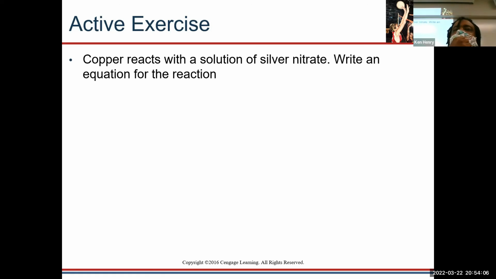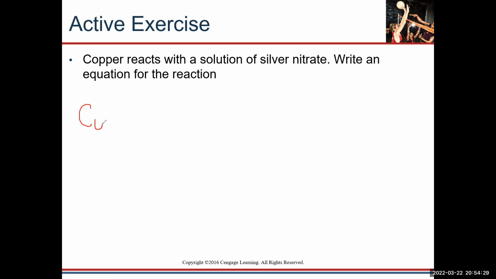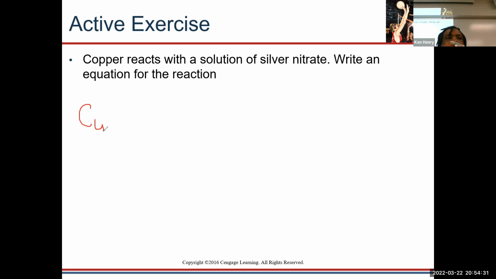Okay. So if we have copper reacts with a solution of silver nitrate, we're going to get copper nitrate and silver. Okay, so let's do it stepwise. So what would be the reactants? Cu. Is that going to be a solid, liquid, or gas?